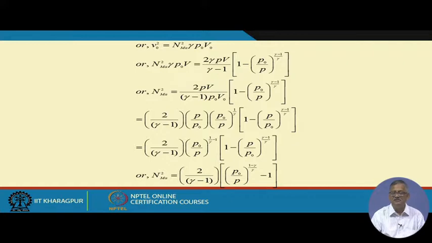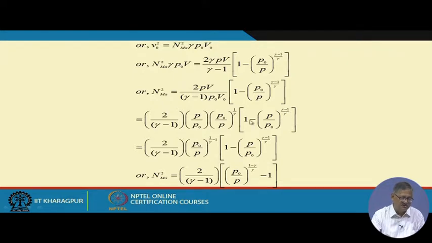So, P V gamma is equal to P0 V0 gamma, right. From there we can write that V by V0 is equal to P0 by P to the power 1 by gamma, right. So, this is substituted, and the remaining one was 1 minus P0 by P to the power gamma minus 1 by gamma, right.